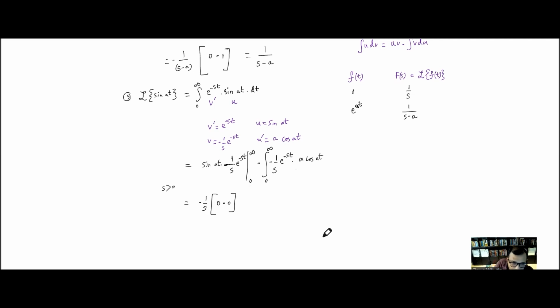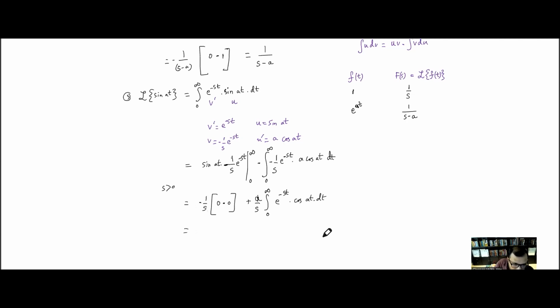Okay. Now let's do this. This minus we can bring outside. So this will be plus 1 by s integral of 0 to infinity e to the power minus st times, or in fact, a also we can bring outside, cos at dt.